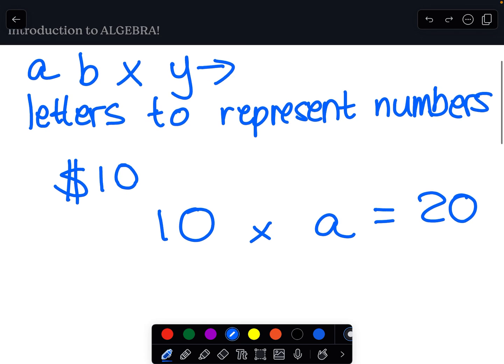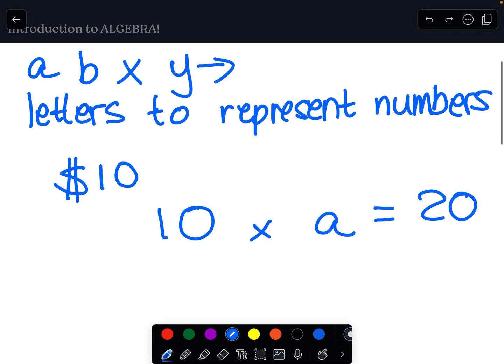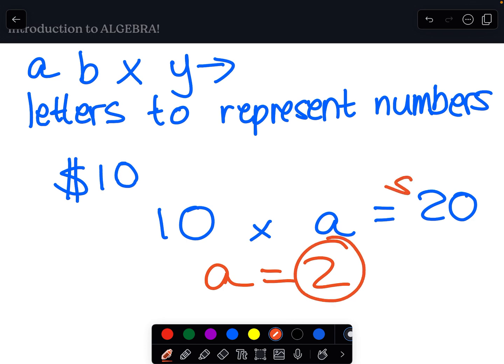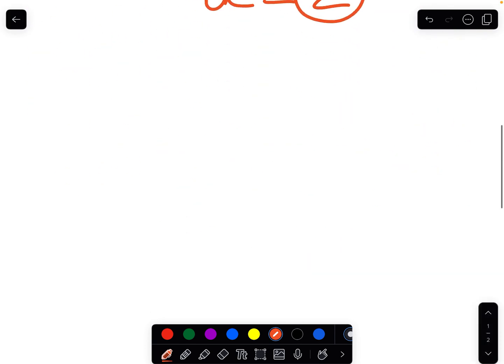Now, by looking at this equation, I know that 10 times 2 equals 20, which means A equals 2. And it means I need to rake the leaves in 2 yards to make my $20.